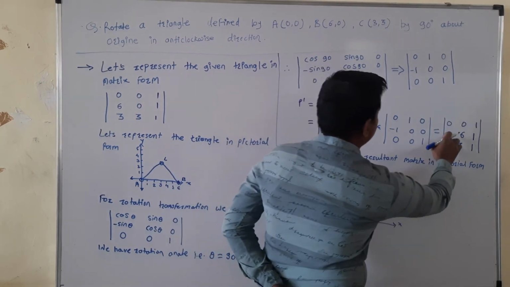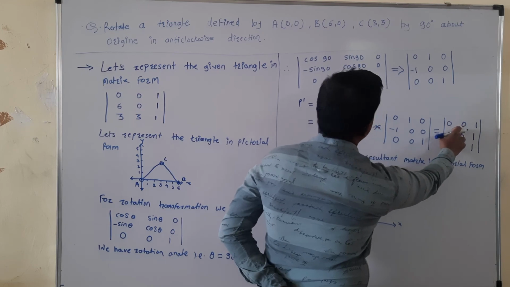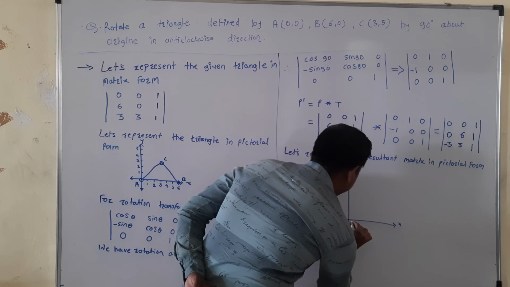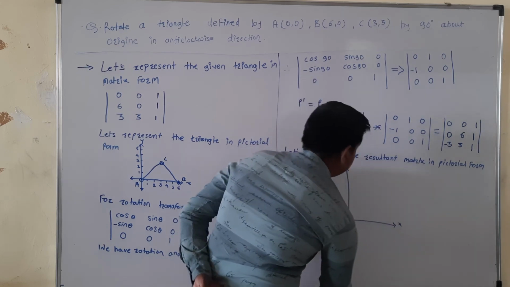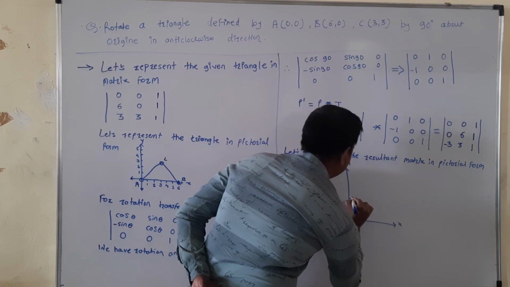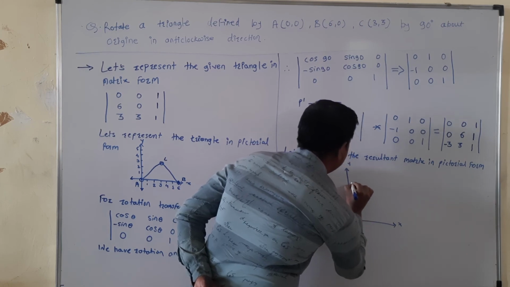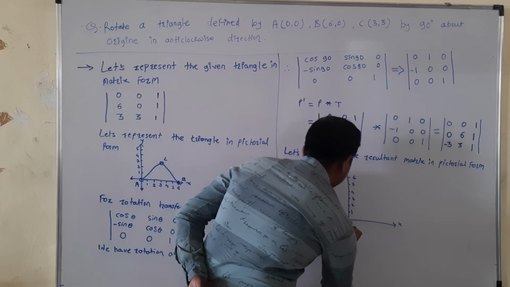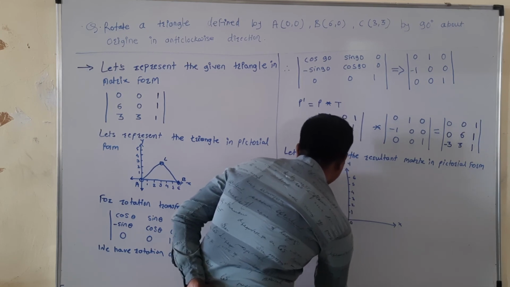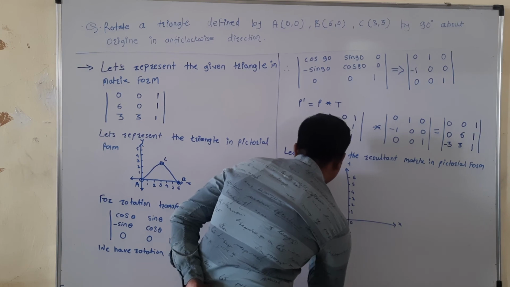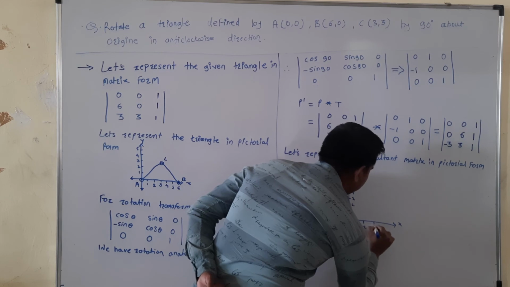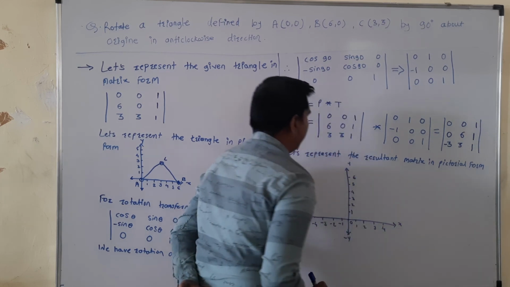So what are the coordinates? The first coordinate, of point A, is 0, 0. So here 0, then here 1, 2, 3, 4, 5, 6, minus 1, minus 2, minus 3, minus 4, minus 5, here 1, 2, 3, 4.